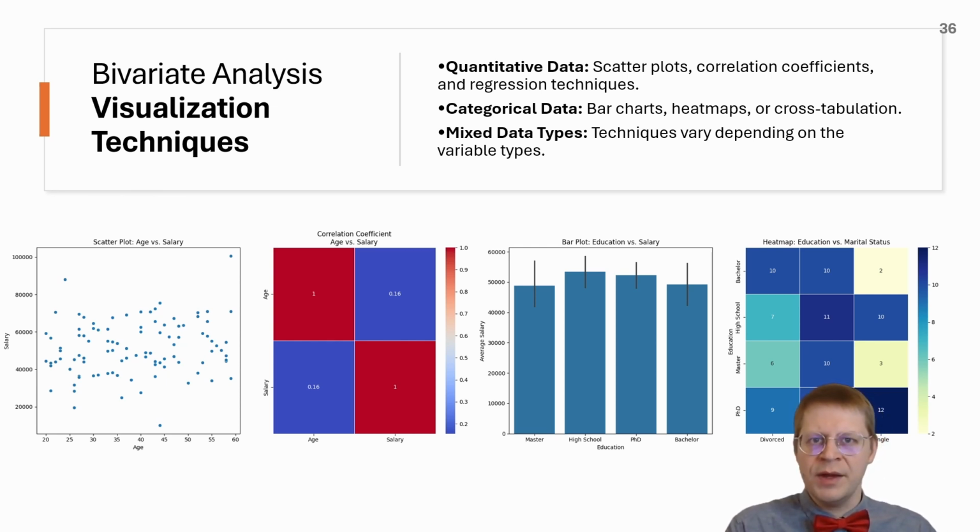And when you have mixed data types, you may need to combine techniques to get the full picture. Each visualization method gives you a different angle on the data, enabling you to detect trends and dependencies that are crucial for building robust predictive models.